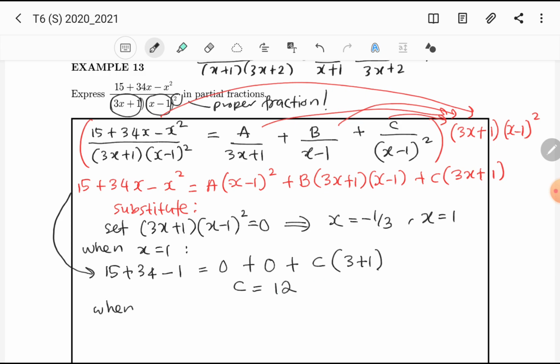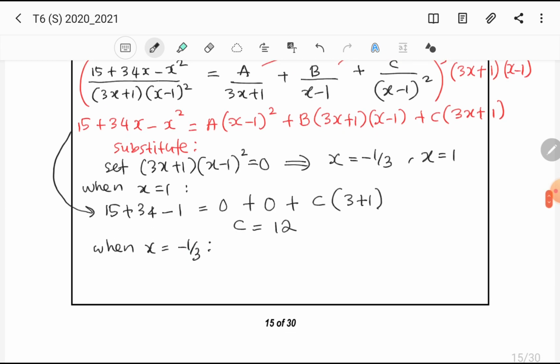Okay, next. When x equals to negative 1 over 3. So ganti juga. So on the left, we have 15 plus 34 times negative 1 over 3 minus negative 1 over 3 square equals to, okay, bila kita substitute negative 1 over 3, mana faktor yang akan 0? Ni 3x plus 1, 3x plus 1.